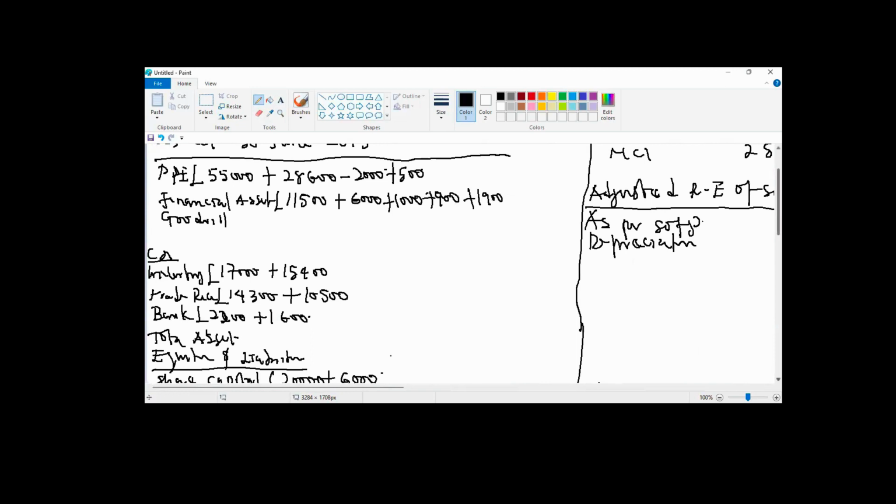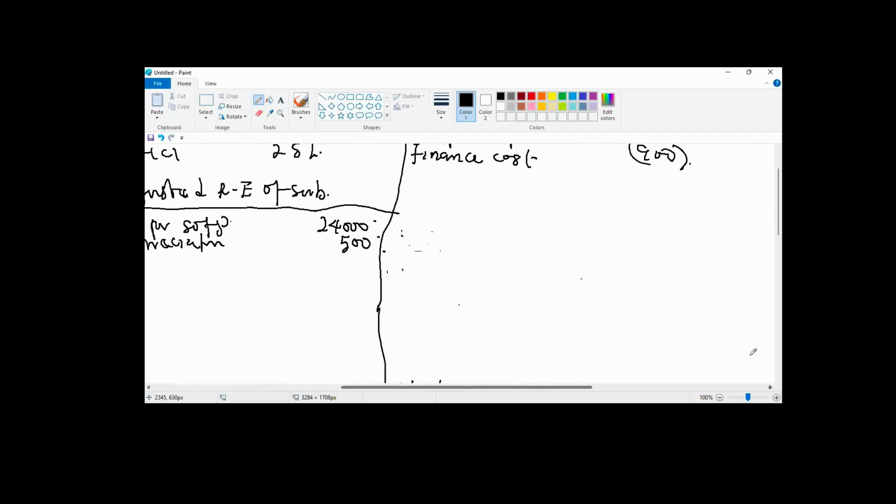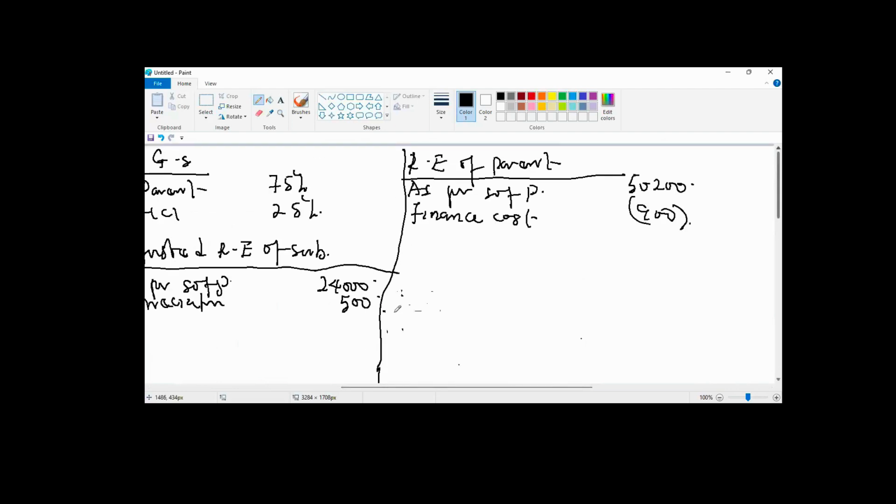I will go to retained earnings of the parent. Gain on investments, fair value gain. I'll credit its account. Next. Any question?